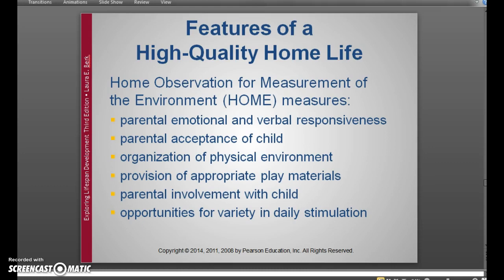So what does this mean? A lot of testing and studying of educational motivation for school-age children and adults, it goes back to looking at what the home environment, home life was like for these children.